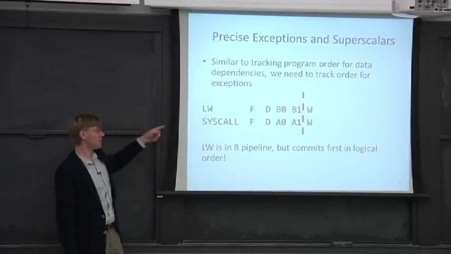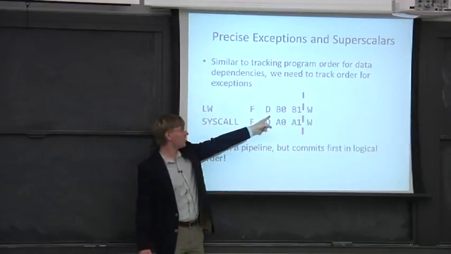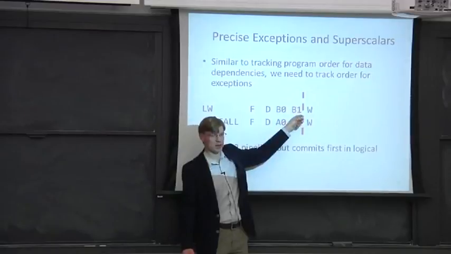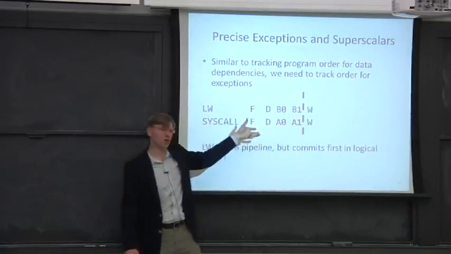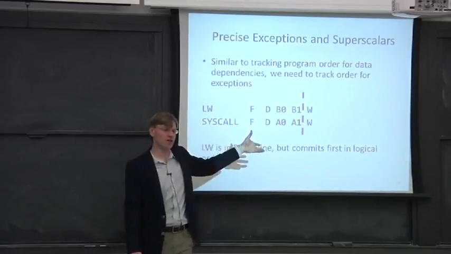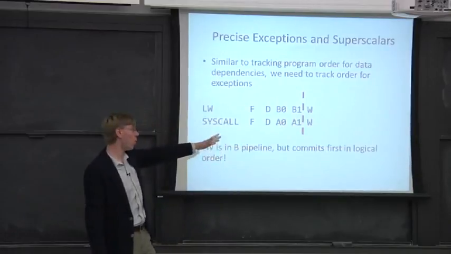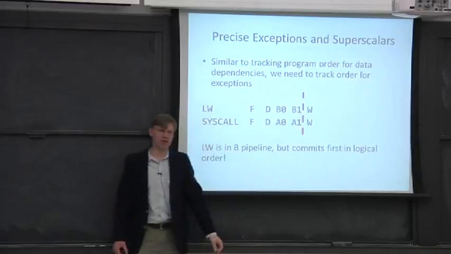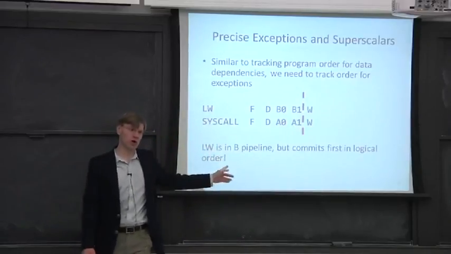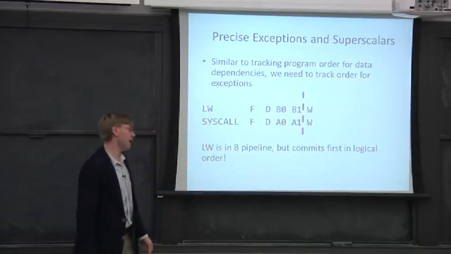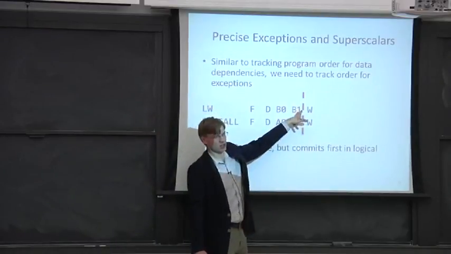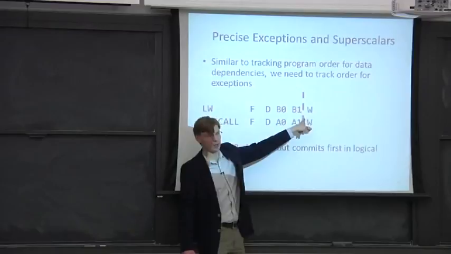Well, so what happens here is that the load should go down the pipe and complete. And in order not to deadlock, your decode logic is going to have to either know about this, or very late in the pipe you have to have what we're going to call a commit point, which we're going to be talking about later in today's lecture. And you have to make some rational decision here of which of these actually occurred in order, and you somehow have to track that going down the pipe.